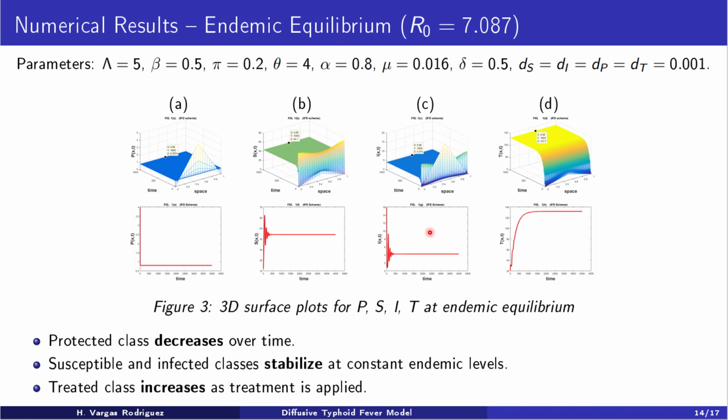The disease persists, and the treated class increases with time as more infected individuals receive treatment. All solutions remain positive through the simulation, and the surfaces are smooth and stable. No oscillation, no negative values. This confirms that the scheme preserves the essential properties of the continuous model even in the endemic regime.